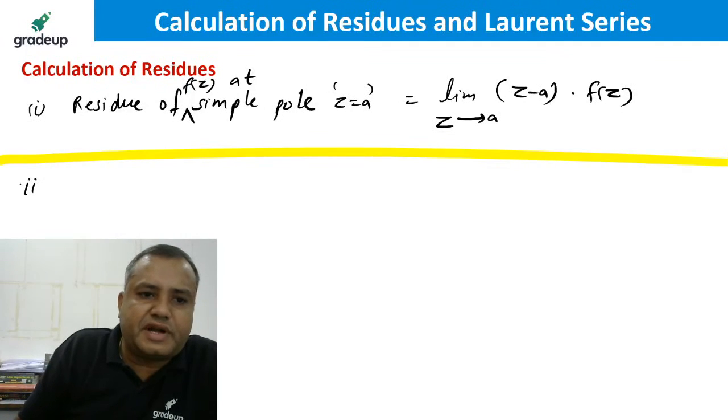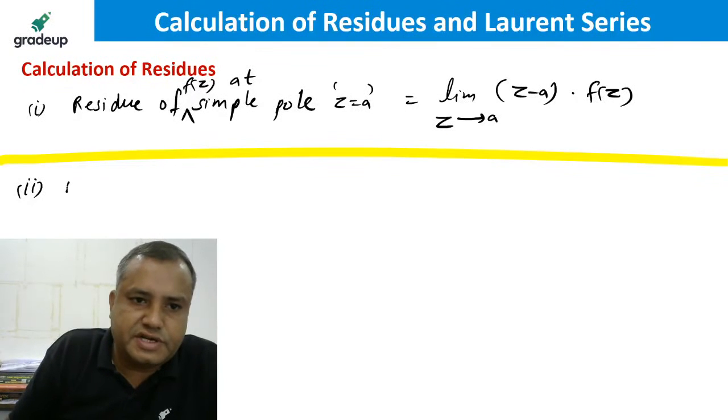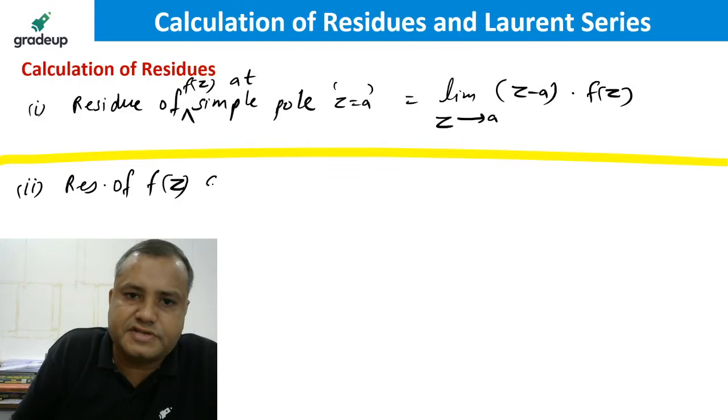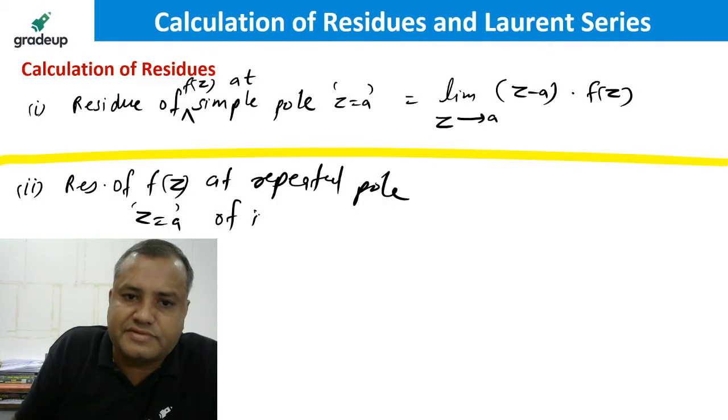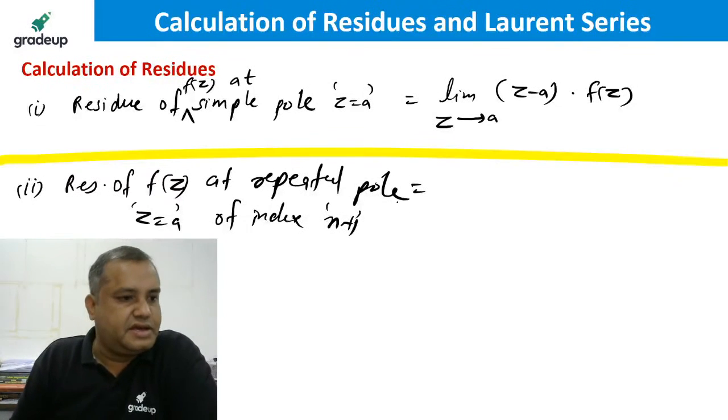If poles are repeated, you have to call them repeated poles. Residue of f of z at a repeated pole: whenever we say repeated pole, you have to mention the index, how many times it is repeated, of index n plus 1. So for this we have a small formula.